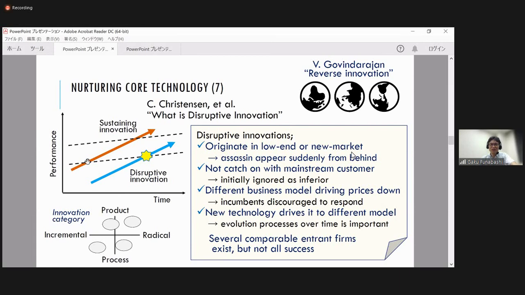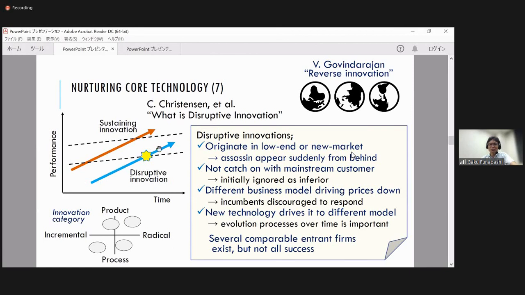They met the demand of the low-end market long ago, gradually improved, and also met the requirements of the high-end market. They already go beyond the high-end market. So that is why they don't care about the low-end market.